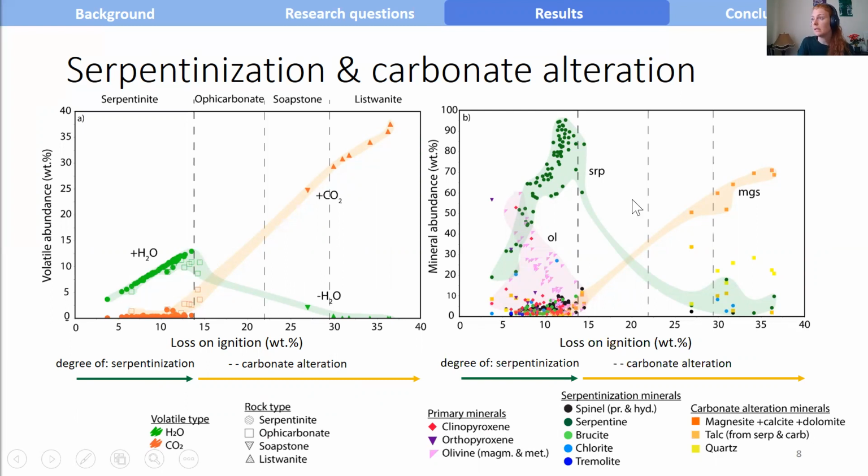And this is seen in the serpentine and brucite mostly for serpentinization, and magnesite mostly for carbonate alteration. This is useful for exploration and first estimates of the two minerals.